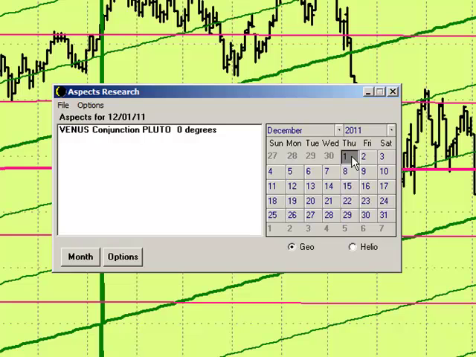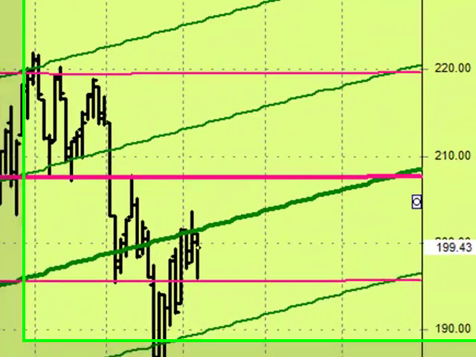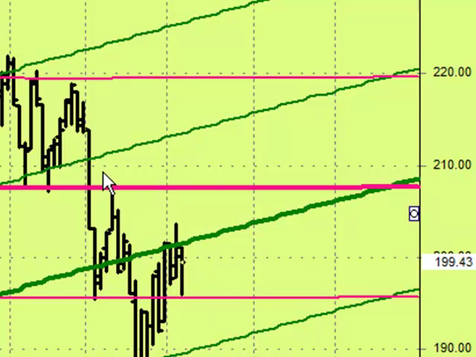It is, in fact, a Venus-Pluto conjunction that occurs the 1st of December, and that is going to be a very significant time for us to be taking a look at the real estate market at that point. So this is going to be our first real flag there. We'll be watching the Venus line as potential resistance to that point, and here we can use the price line here to take a look at what that price would be there.